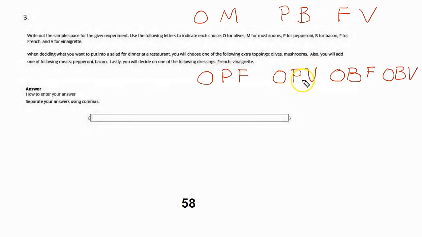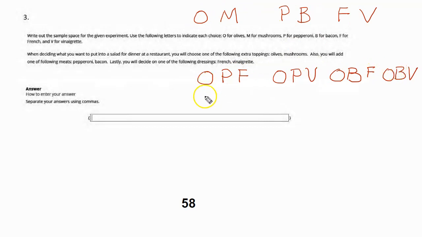And you could have an F. Then you would have O, P. Then you could choose a V. Then you could do the O with the B and then an F. Then the O with a B and a V. So this gives you, using the O, your possible combinations.